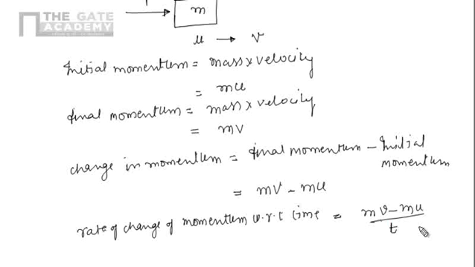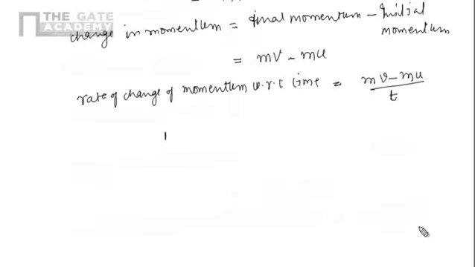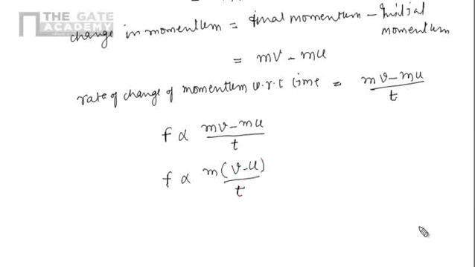Now according to Newton's second law of motion, F is directly proportional to the rate of change of momentum. So we can write F is directly proportional to m, taking m common, (v minus u) by t, and here (v minus u) by t is nothing but acceleration, because we know acceleration is the rate of change of velocity with respect to time. So F is proportional to ma.